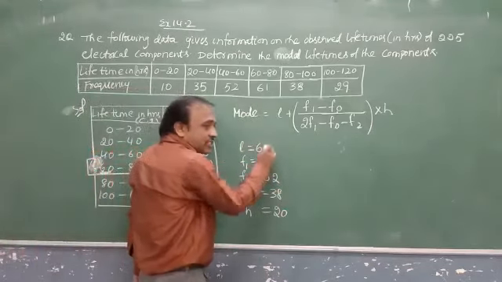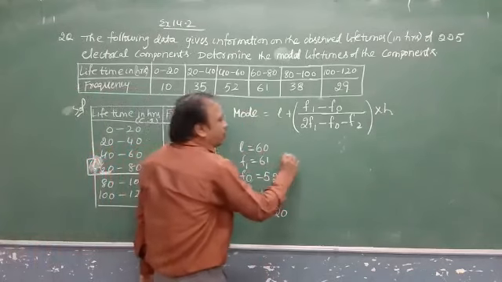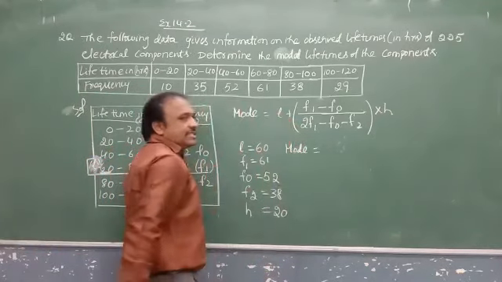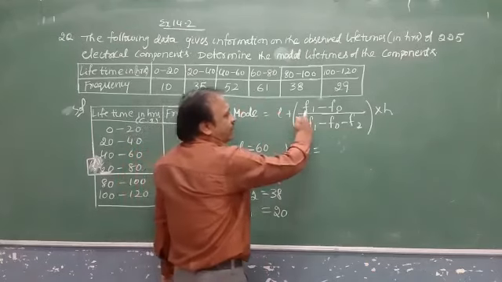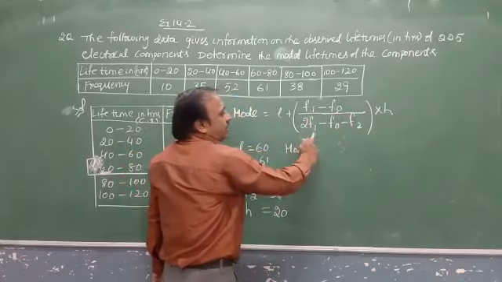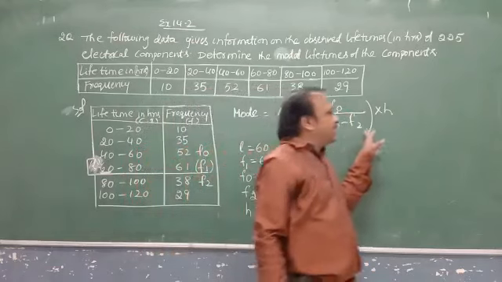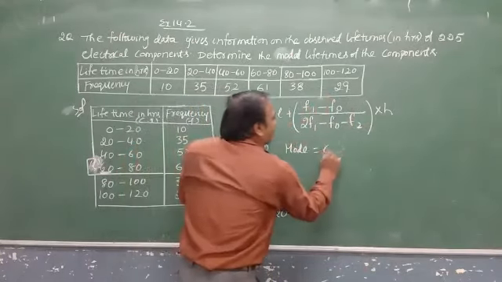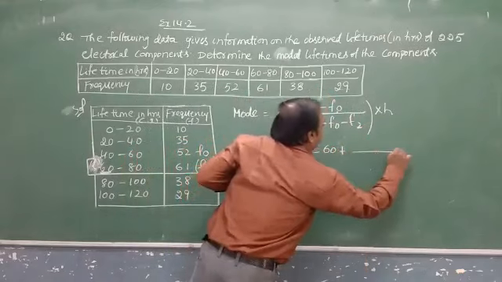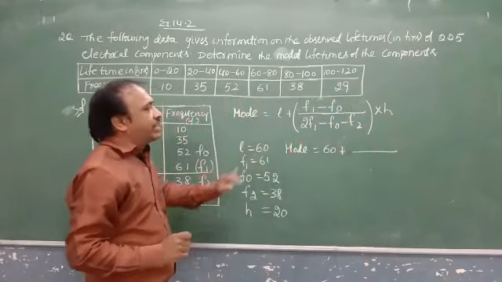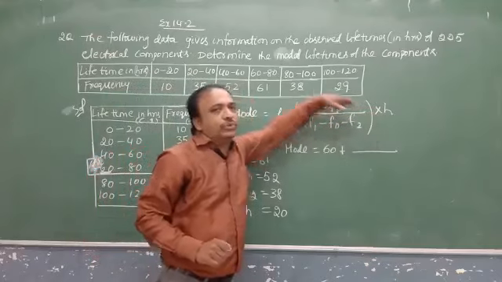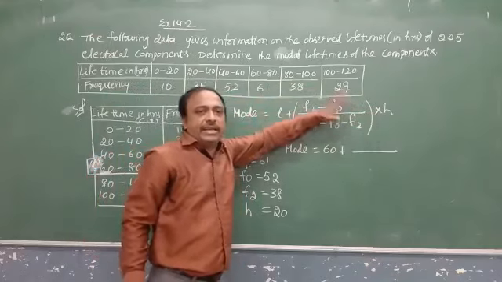These are the values we obtain from the table to get the mode. So mode is equal to L plus (F1 minus F0) by (2F1 minus F0 minus F2), into H. While writing the formula, remember the plus, the division symbol and the multiplication must be on the same line.